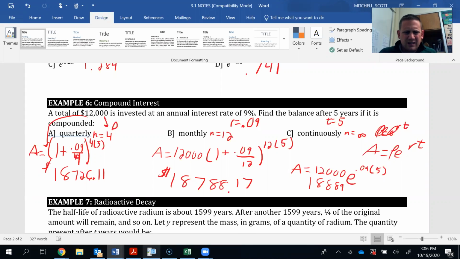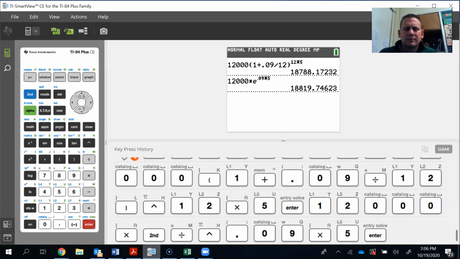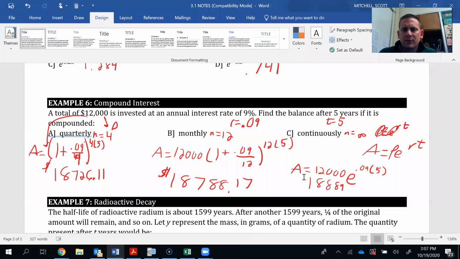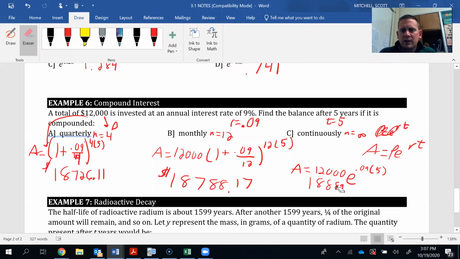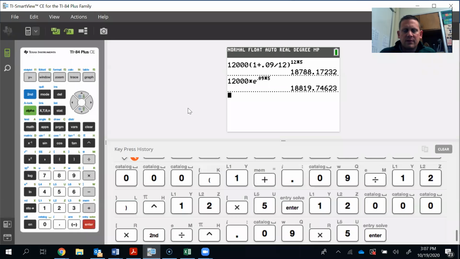Was that right? Did I copy that down right? Nope. I thought it was more. $19. Sorry about that. So let's change that to 19, and how many cents? 74, 75, we'll round that up.